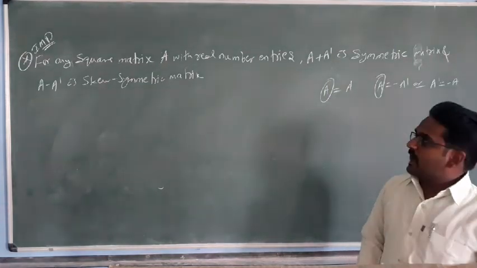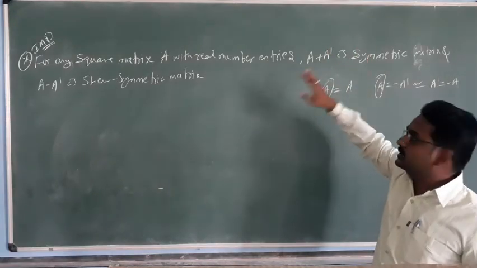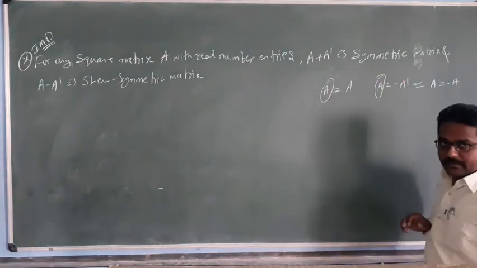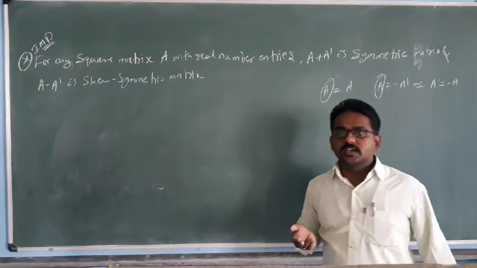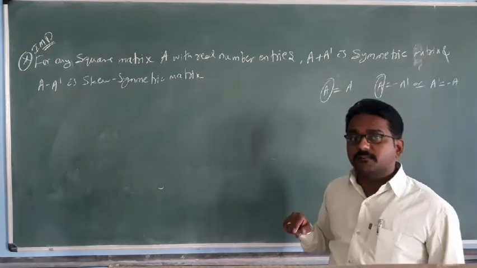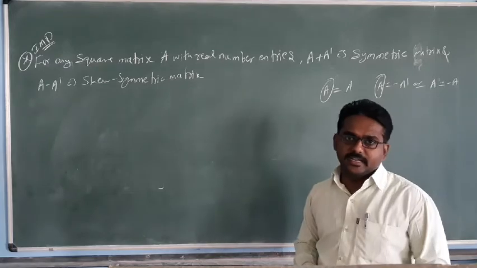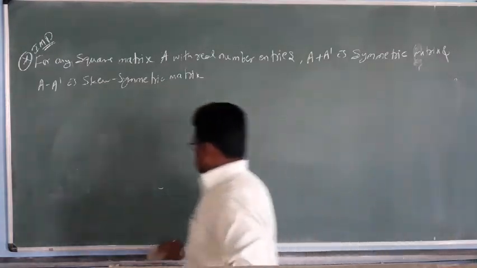If I apply A plus A dash whole dash, I should get A plus A dash itself, then it becomes symmetric. For A minus A dash, if I apply the transpose, I should get the negative of A minus A dash, then it is skew symmetric. So let us see the result.